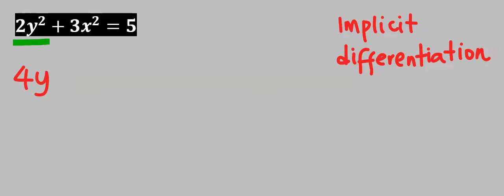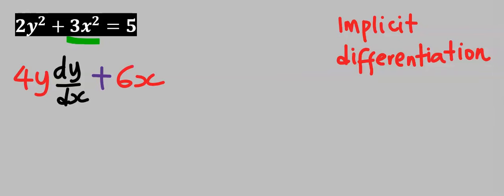However, whenever you differentiate y, according to the rule, you're going to multiply it with dy dx. Next, differentiate 3x squared, and you're going to get 6x. And when you differentiate x, there is no consequences. Next, differentiate 5, and you're going to get 0.